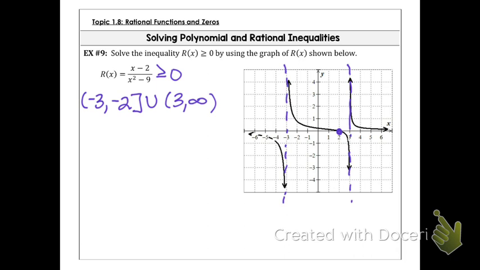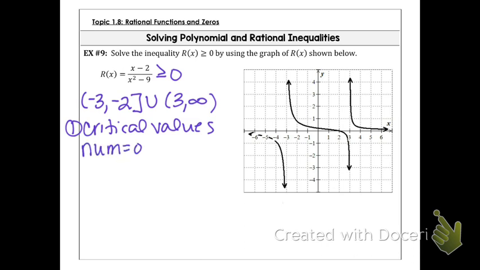All right, now how could we find that algebraically if we didn't already have our graph? Well, I'm so glad you asked. We're going to have to find those critical values. Our critical values are going to be where our numerator is equal to 0 and where the denominator is equal to 0. But remember, you have to think about whether you're going to use parentheses or brackets.